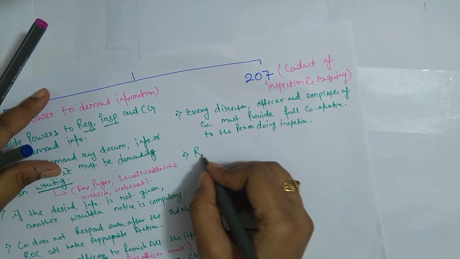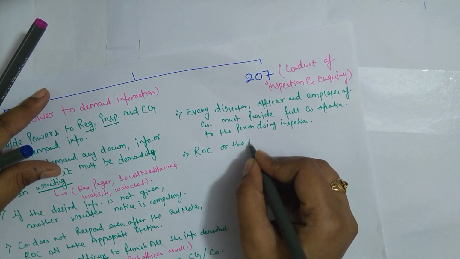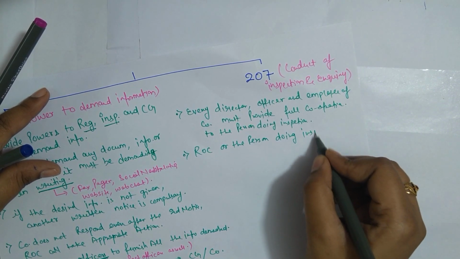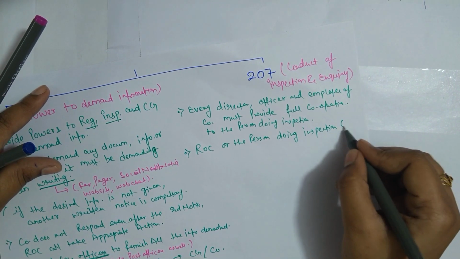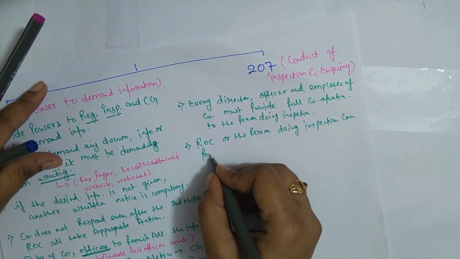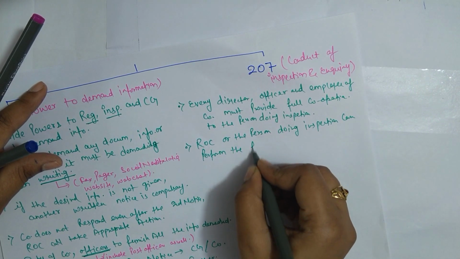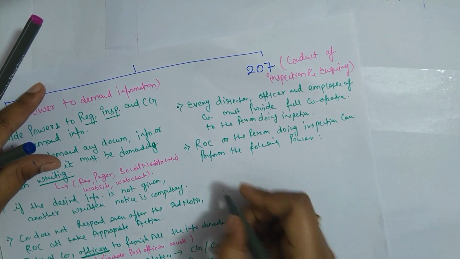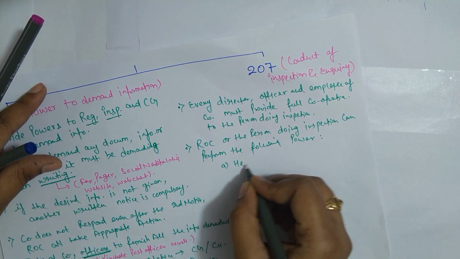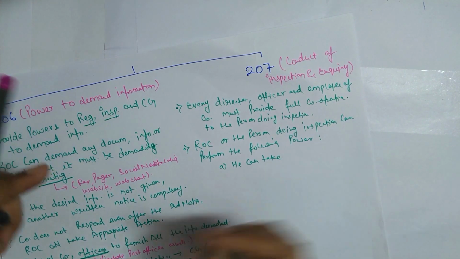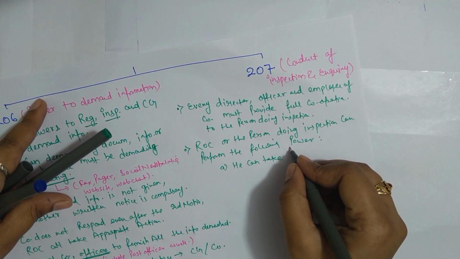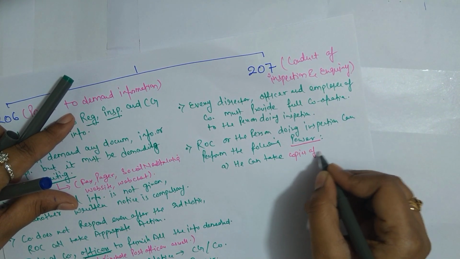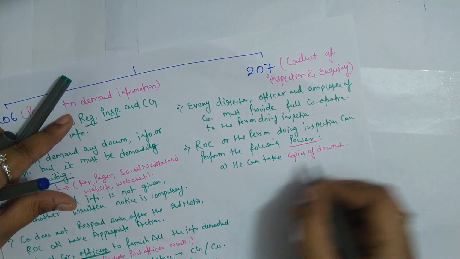Fine. Next, ROC or the person doing the inspection can exercise the following powers during the inspection. First, he can take copies of documents if required.